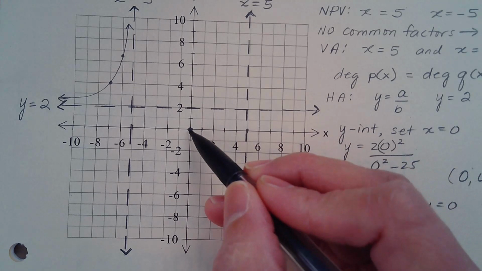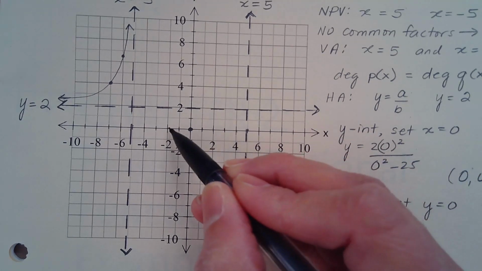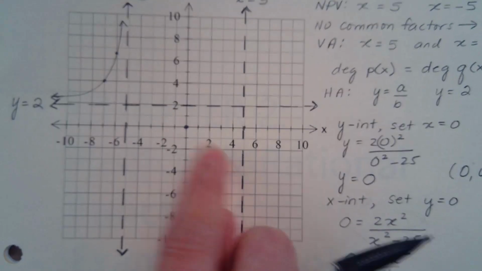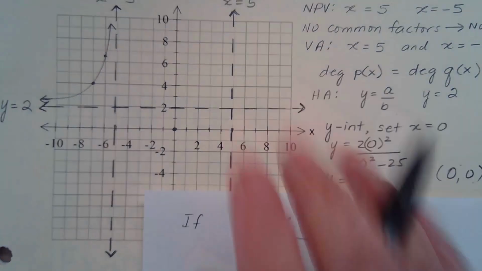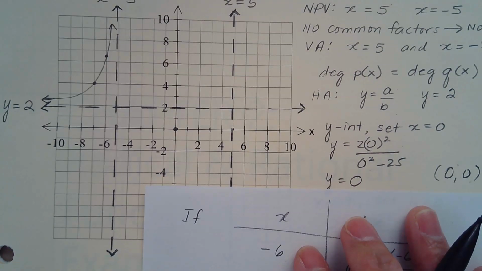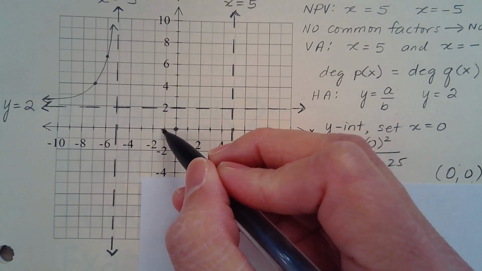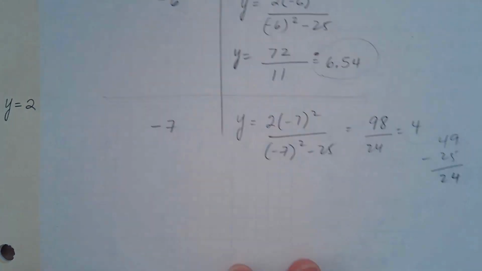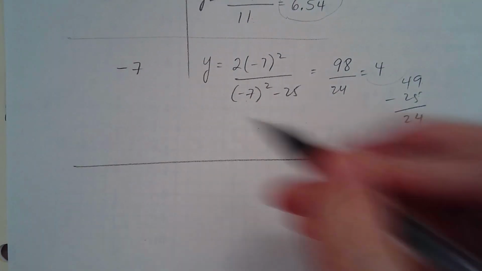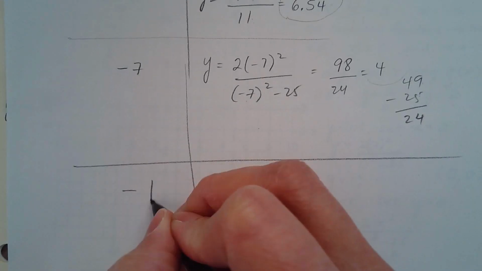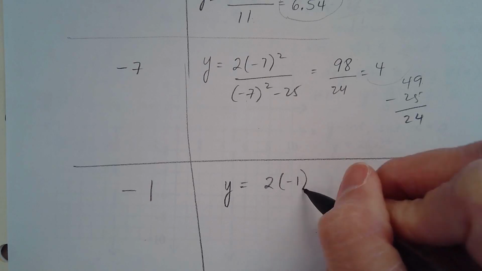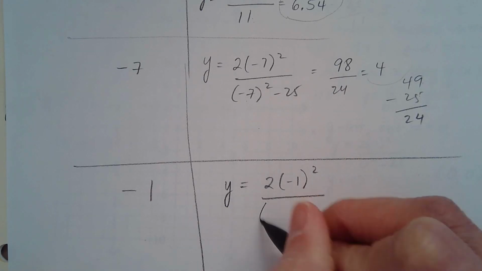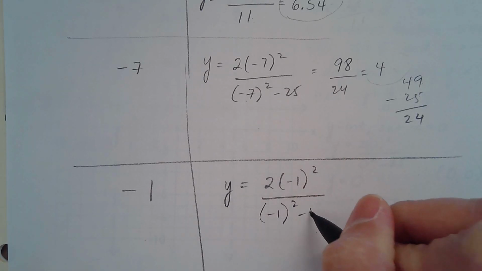So let's pick any value to the left of that and then to the right of that and then graph it, okay? Of course we're going to pick a nice number. We're going to pick -1. So if x is -1, what is the y value? 2 times -1 squared over -1 squared minus 25.